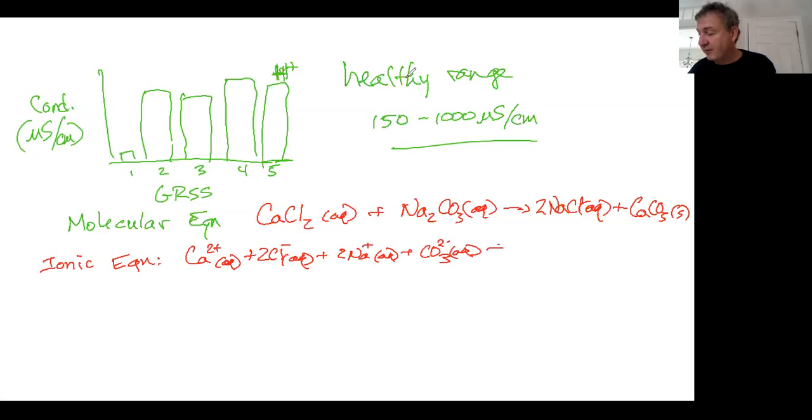This is the equation of all the ions. Arrow, 2Na plus aqueous plus 2Cl minus aqueous plus CaCO3 solid. Now, there's the totally annoying ionic equation. And yeah, no one wants to write that.